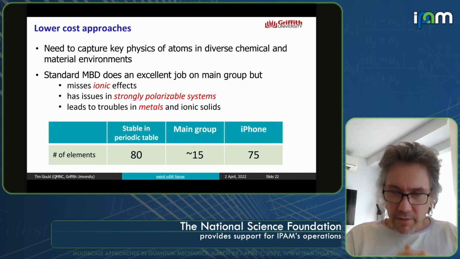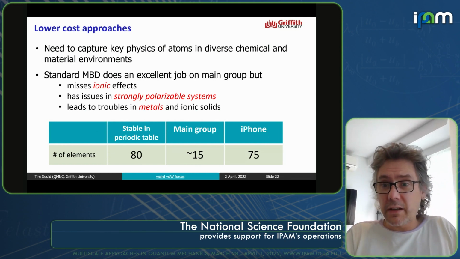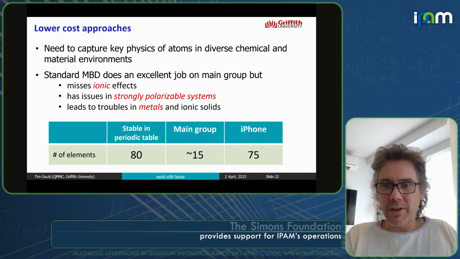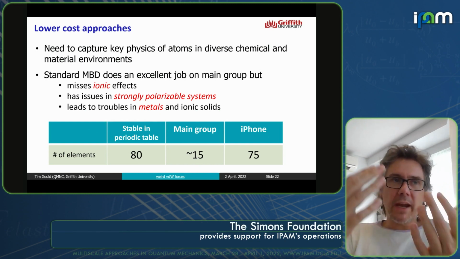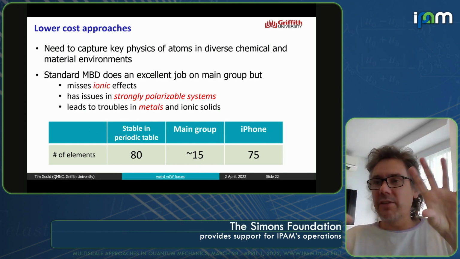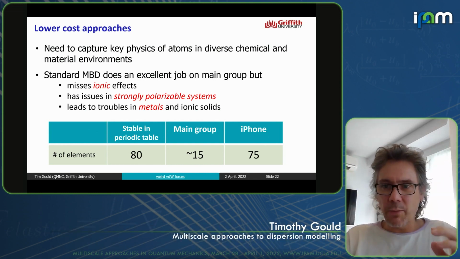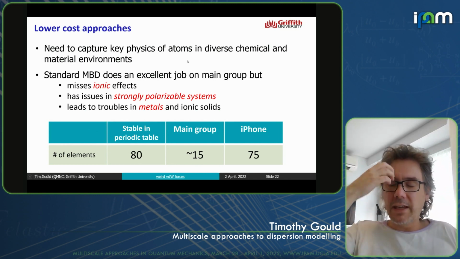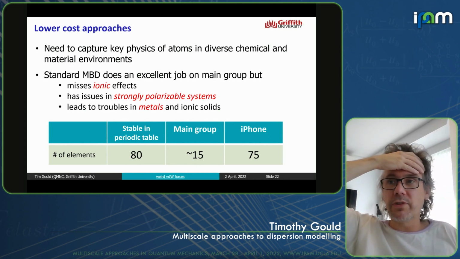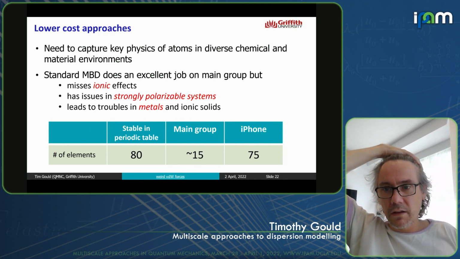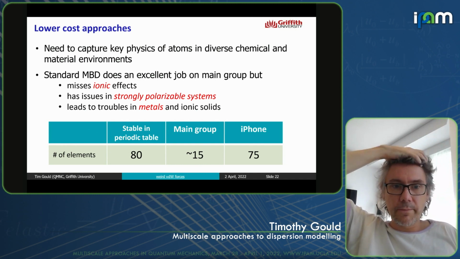So if you want to have an ability to predict a new battery technology, for example, if you want to say, okay, we reckon that this class of materials might be good for batteries, let's try varying a few molecules in there. We need a method that can take into account the much more diverse chemistry that you get in materials problems.